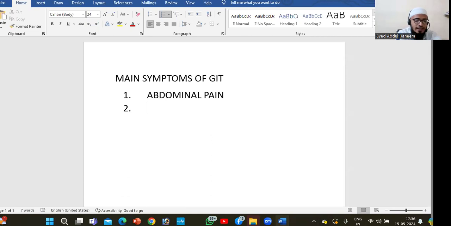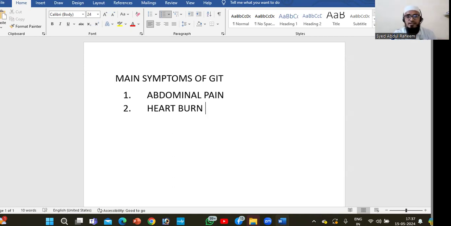Next, the second important symptom related to the gastrointestinal tract is heartburn. Heartburn is related mostly to the esophagus and epigastric region.